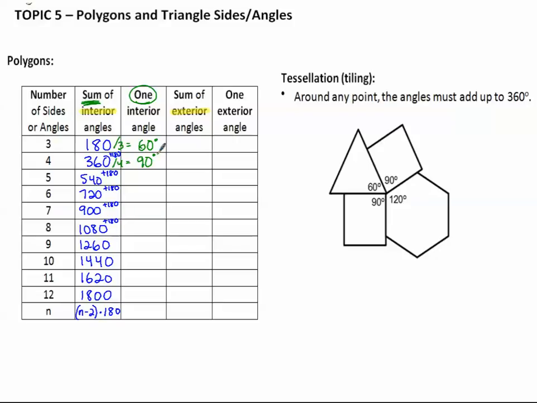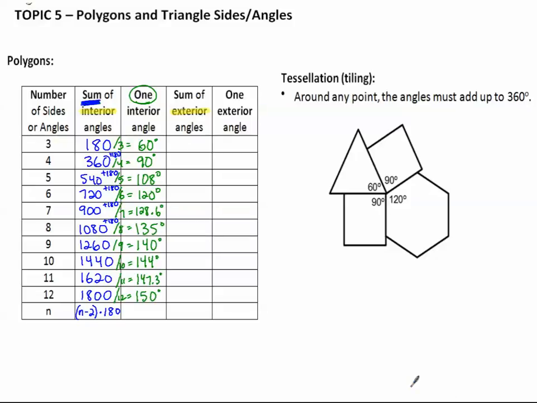If it's a regular polygon, one of those angles will be this, and so on and so forth. Divided by 5 equals 108 degrees. Divide this by 6 equals 120 degrees. Divide this by 7 equals, and keep going. Divide by how many that is, and make your list. Maybe grab your calculator and you can do this on your own.